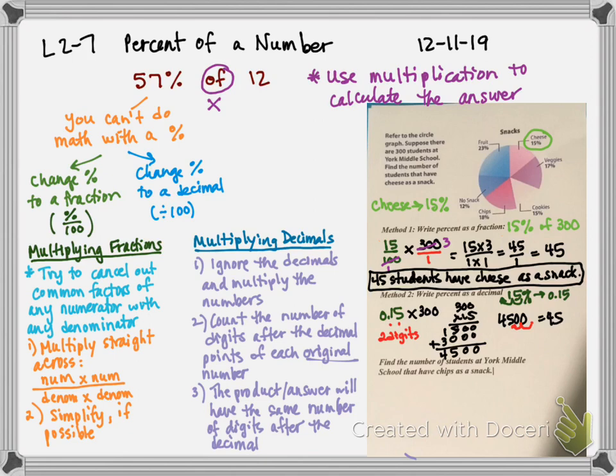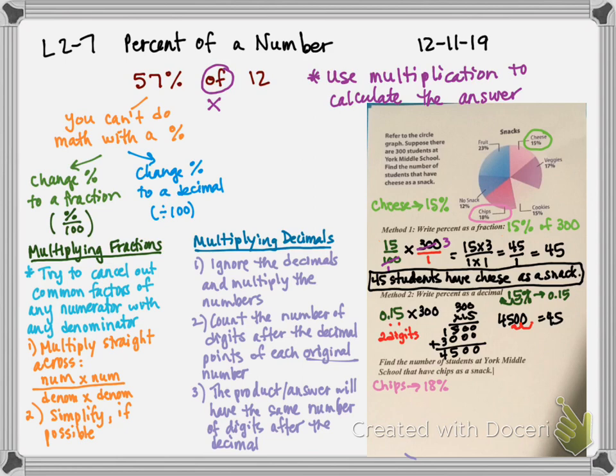Let's try something different other than cheese. It says find the number of students at York Middle School that have chips as a snack. So let's find chips. Oh, here they are. And it says chips is 18%. And then we get to decide which way we want to solve the problem.